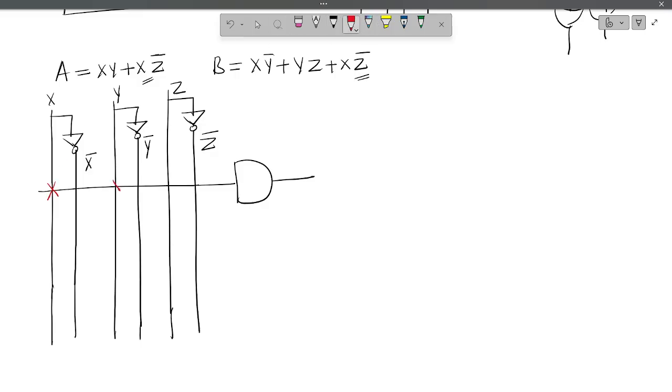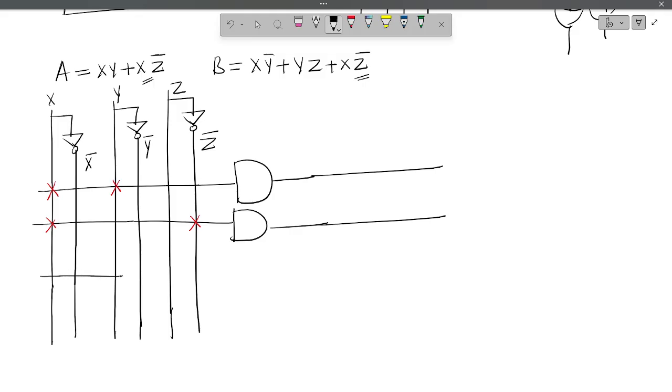This is XY. What is the next term? XZ bar. And next YZ, and XY bar.